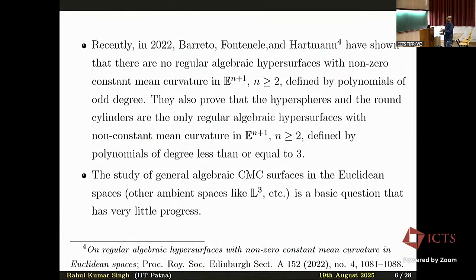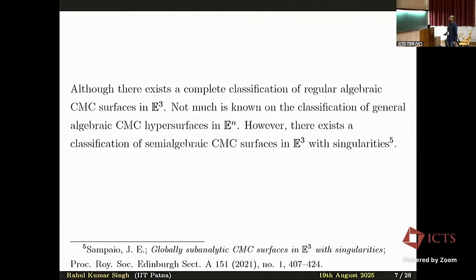And of course, in other ambient spaces like L3, this is a basic question that has seen very little progress. There exists a complete classification we can say now: we know for regular algebraic CMC surfaces in E3, but not much is known if you try to think of just general algebraic CMC surfaces, which need not be regular.